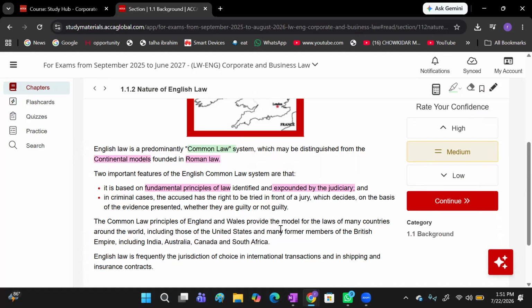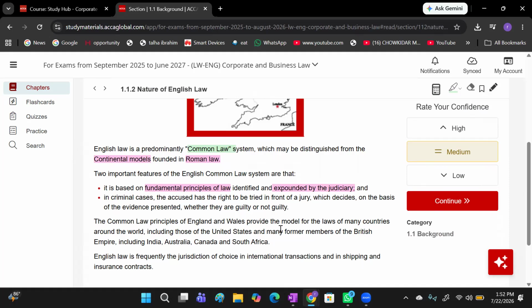They're laymen, members of the public, sitting in the courtroom, and they are the ones who decide, based on the evidence presented by both the defense and the prosecution, whether the accused is guilty or not guilty. It is not for the judge to decide. The decision will be taken by the jury. So these are two very important features of the common law.